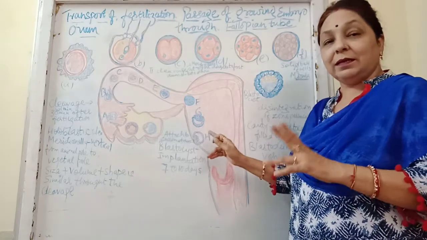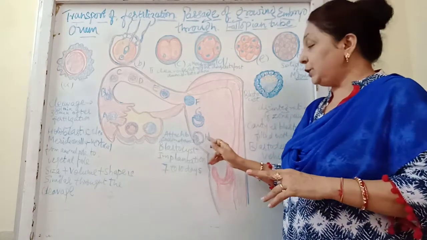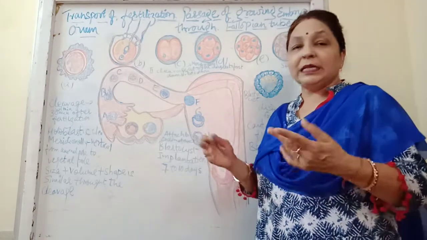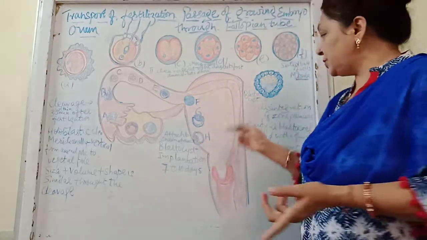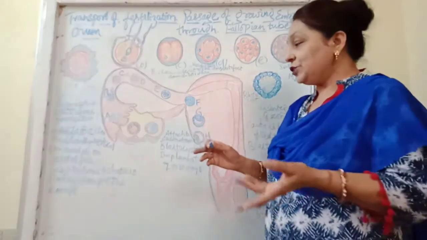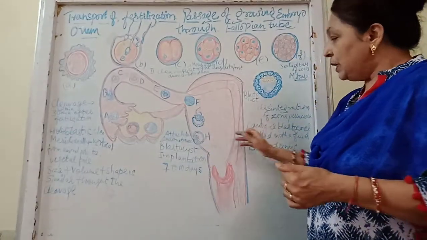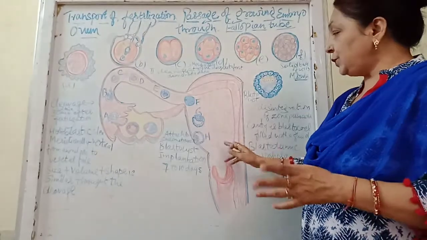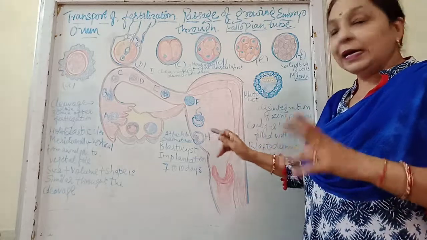It interdigitates with the tissue of the uterine lining, and helps in providing nutrition, whereas the innermost cells later differentiate into the embryo. This way, the whole development takes place here in the uterine lining or the endometrium.